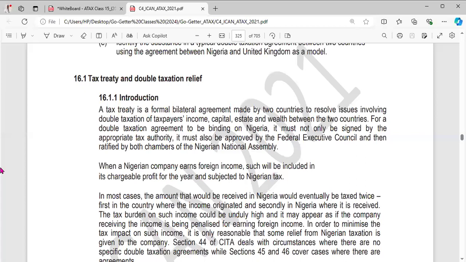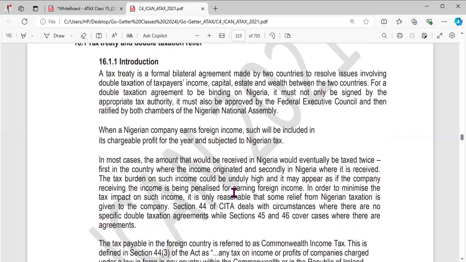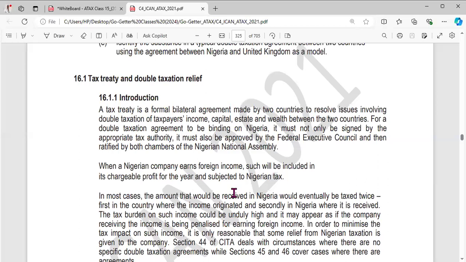And now the income is being brought to Nigeria. Then it is possible that there is a tax that has been paid by that company in the United States. Now, if they pay the tax there, how will Nigeria treat this taxpayer? Will Nigeria still be charging that taxpayer income tax after suffering tax in the United States? That is what the double taxation agreement is here to solve.